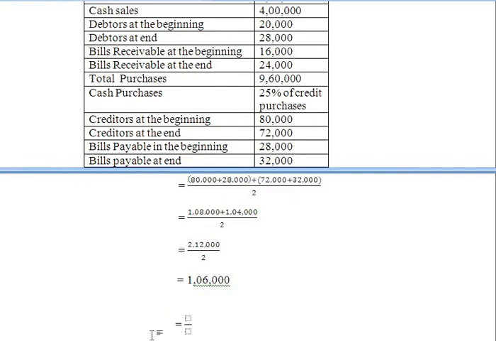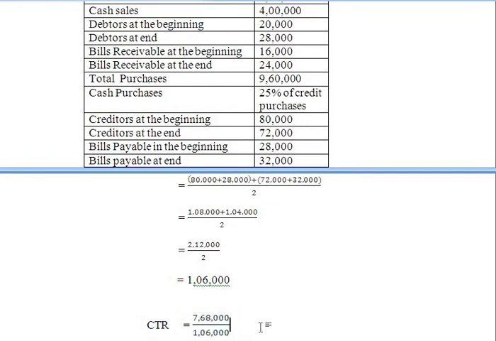So creditors turnover ratio is equal to 7,68,000 divided by the average accounts payable, 1,06,000.